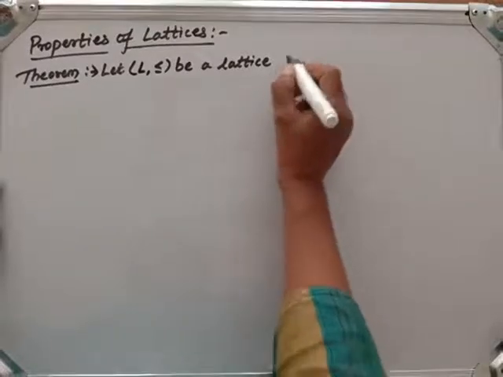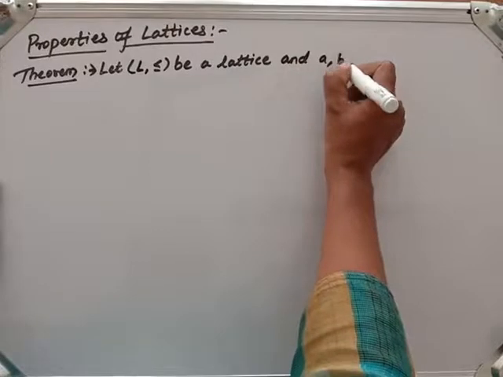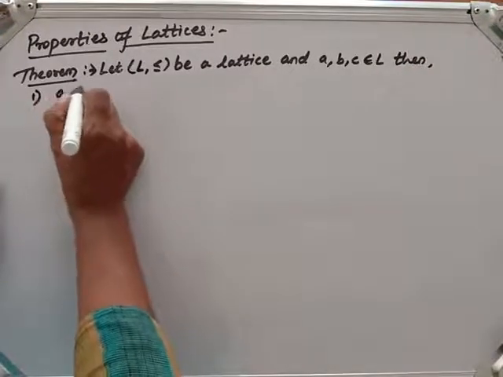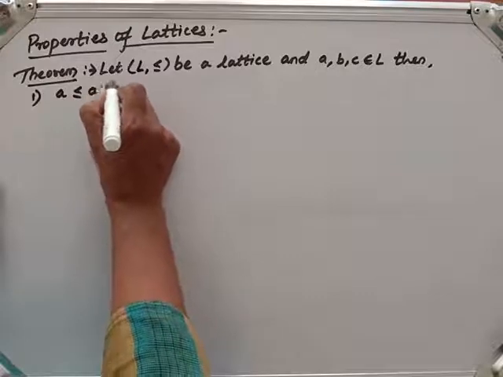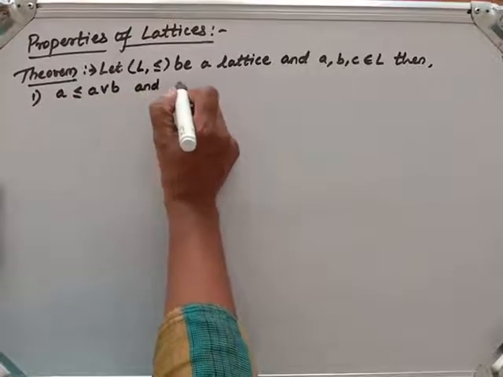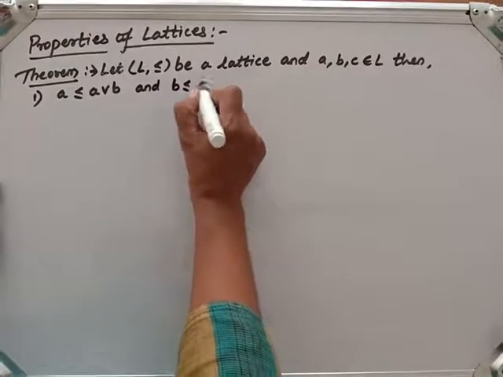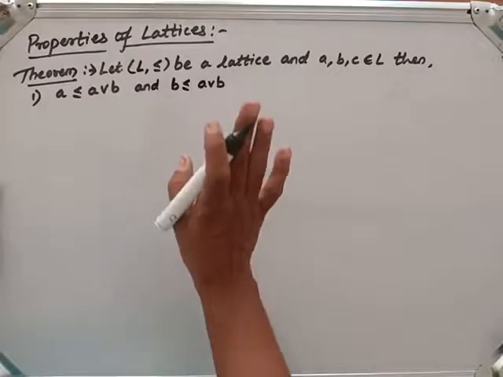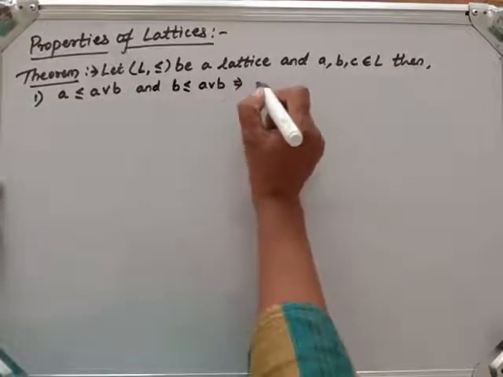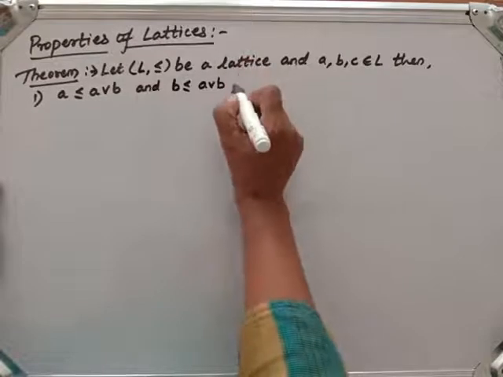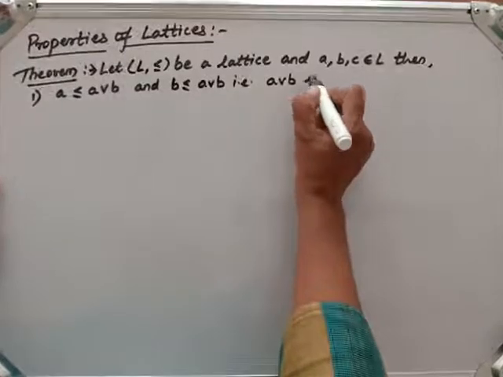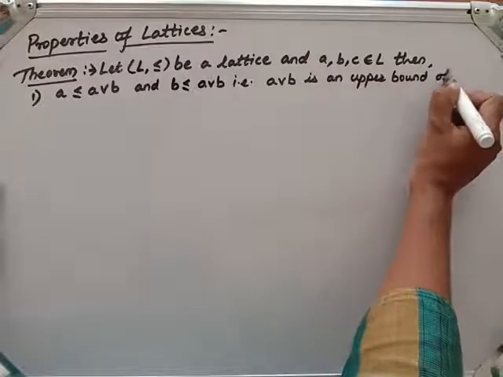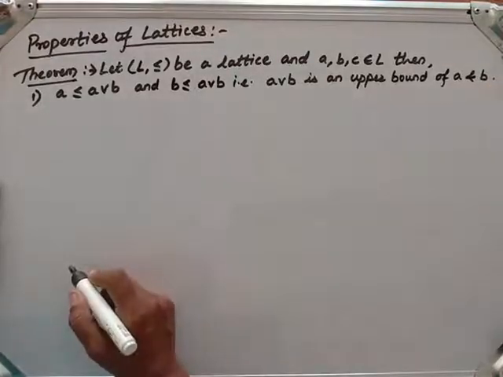Let A, B, C belong to L. Then the first thing: A is related to A join B, and B is related to A join B. So this implies A join B is an upper bound of A and B.